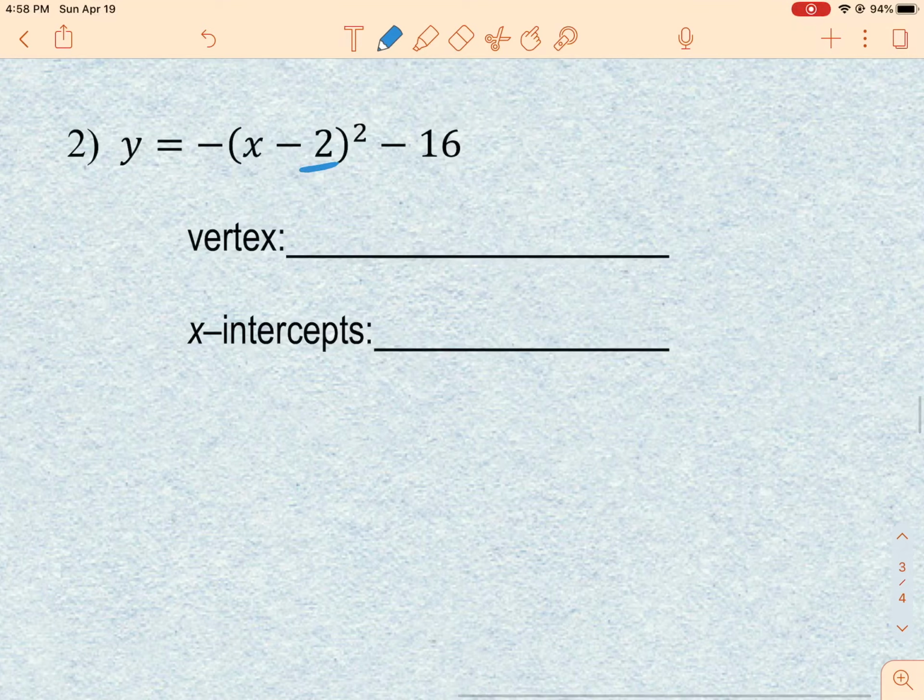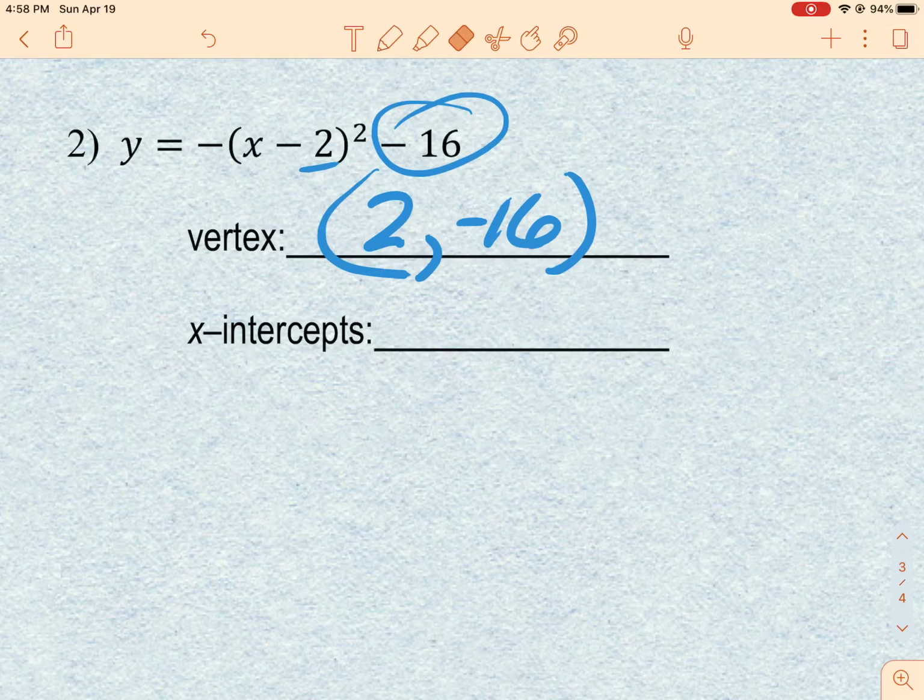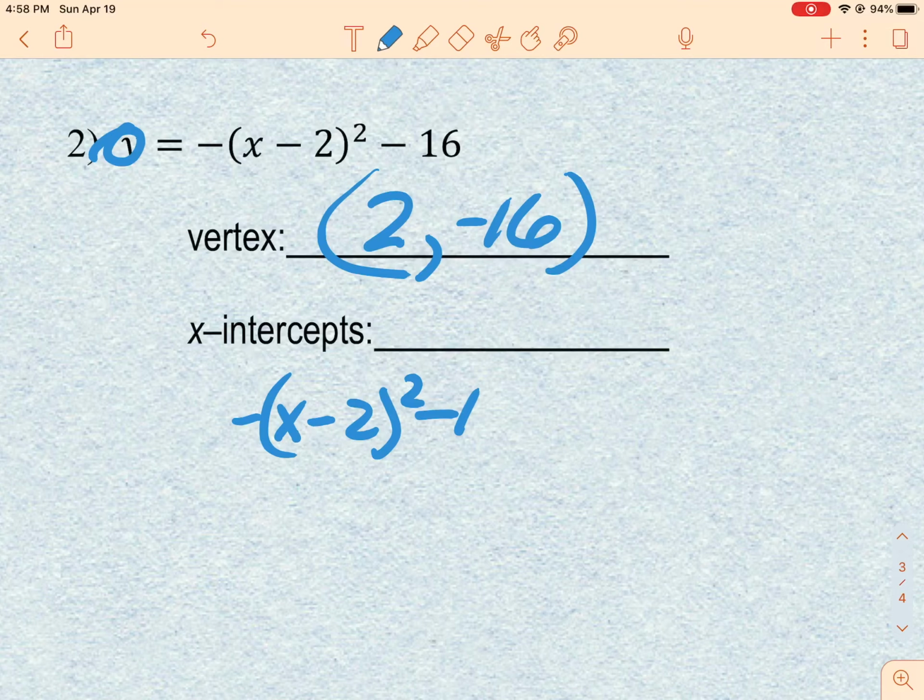So the vertex, since it's an x minus h, I have just a 2 there, and then this value of negative 16. To find the x-intercepts, I put 0 in for y. I'm just going to rewrite that with it on the right side, but we know it's the same thing.